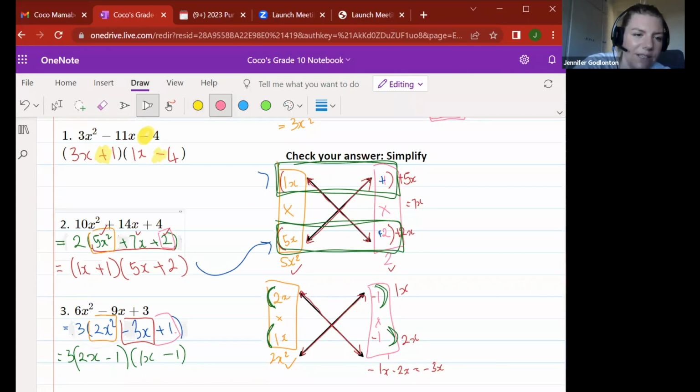If this sign is a positive, then the signs are always going to be the same and they're always going to be the same as that sign. So this is a plus and this is a plus. So again, here, this one's a plus, so they're going to be the same as this sign. So we're going to have a negative and a negative. So just be careful with making sure, just to help you. You don't need to use that if you're thinking about what times what, but it just sort of gives us a little bit of a guide.